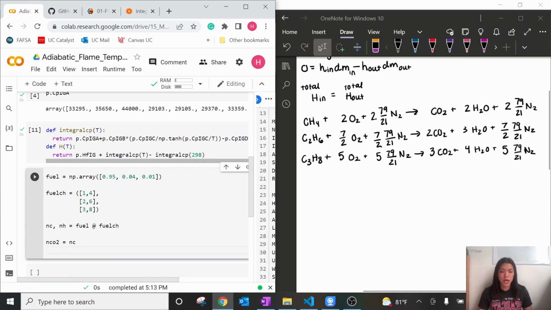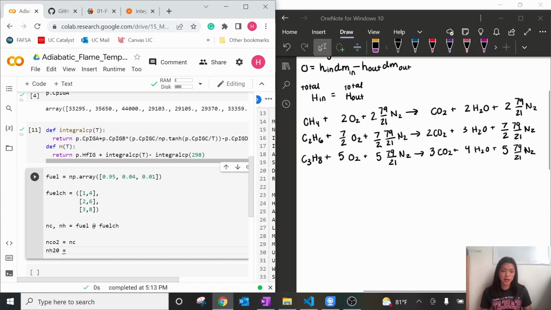Now let's first look at the hydrogens. Or excuse me, look at the water, but we're going to use the hydrogens to figure out the number of water moles.